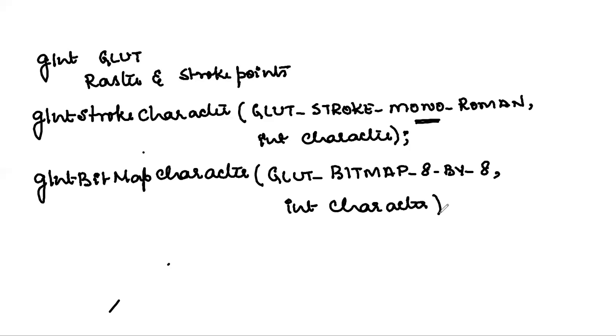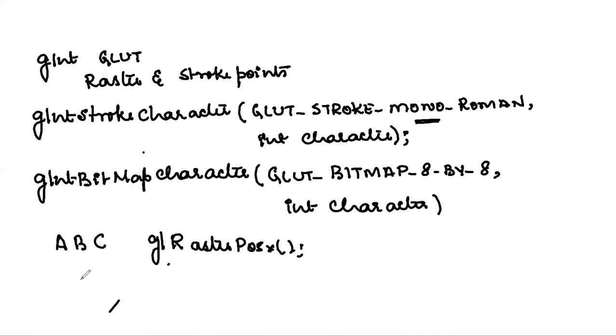This is the monospaced one. For example, if I want to write A, then I have it here and then move, then again some space and C. So in order to have an equal position of each character, or the next character display, we can use glRasterPos.